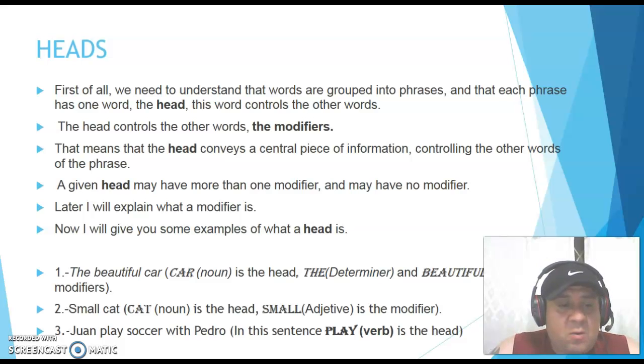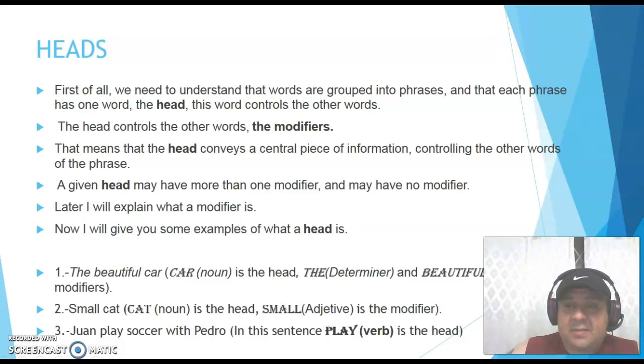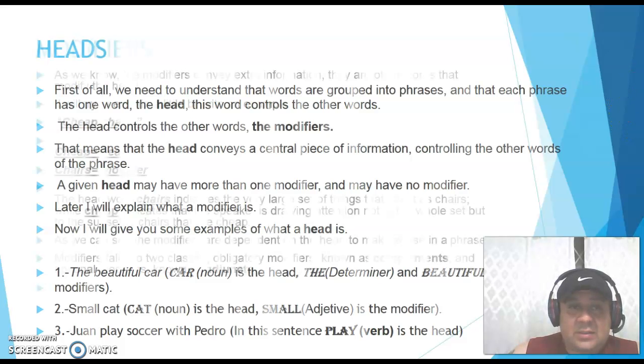Number three, Juan plays soccer with Pedro. In this sentence, plays is the verb, and also the head of the sentence. As we can see, a head can be a noun or a verb as well, and this head is the central information of the sentence or the phrase.